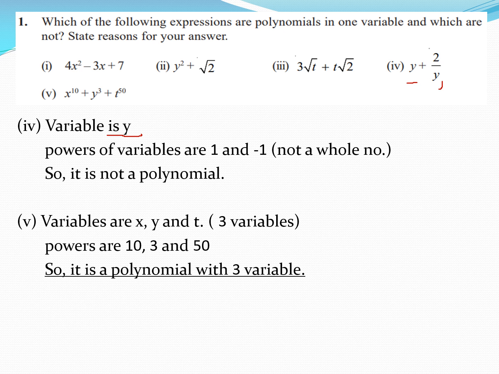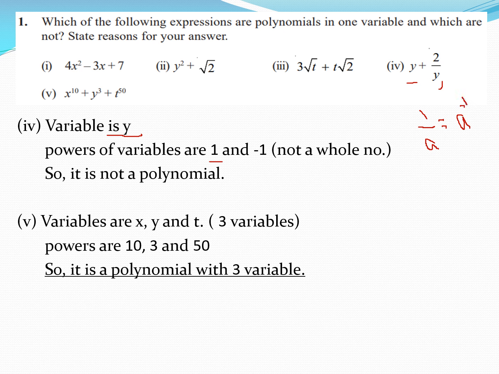Now in the first term, the power of the variable is 1. But in the second term, it is 1 upon y. We know the algebraic identity that 1 upon a is equal to a raised to power minus 1. So the power is minus 1.